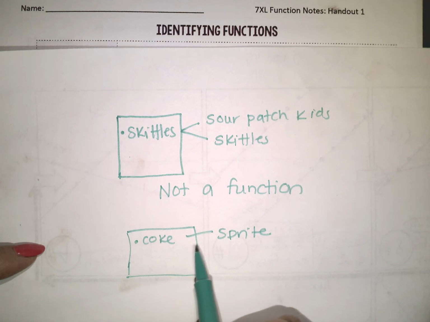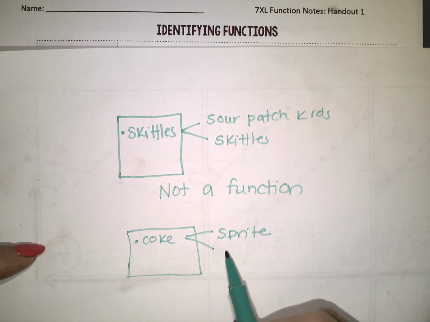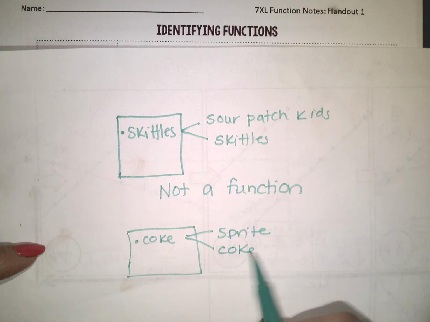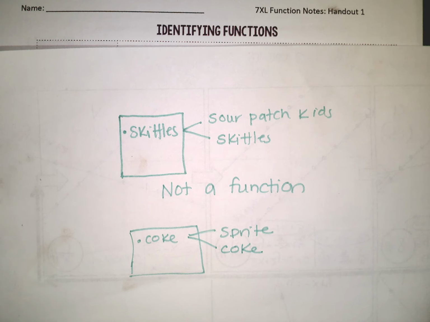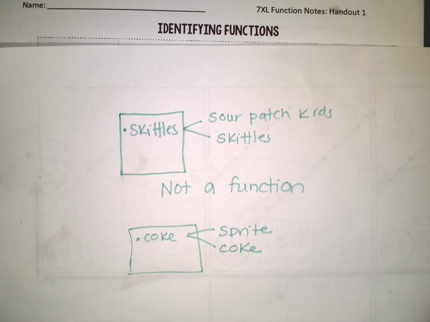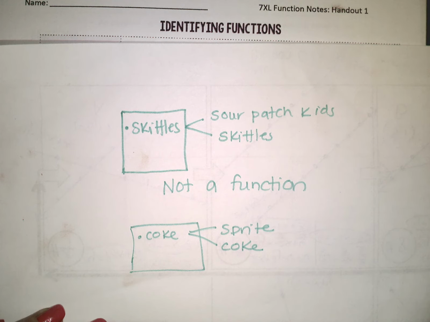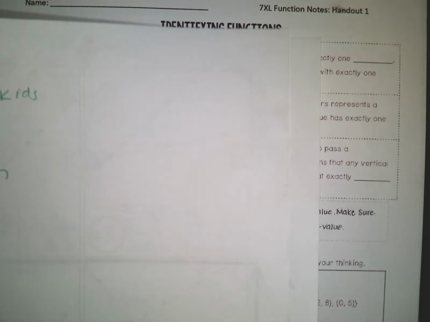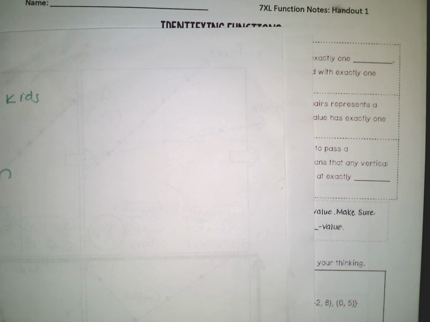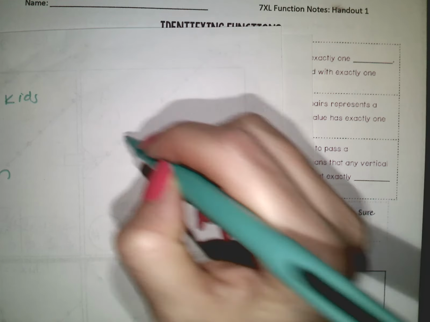So you go back the next day and you push the Coke button, and this time it produces a Coke. This is not a function.